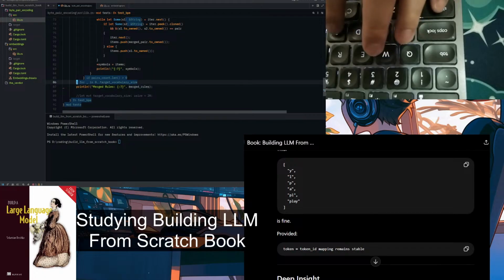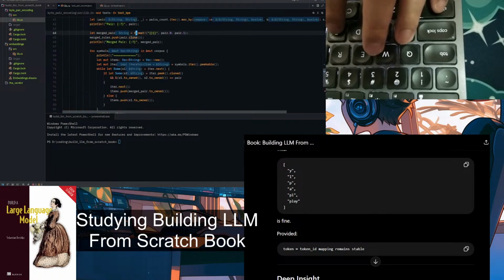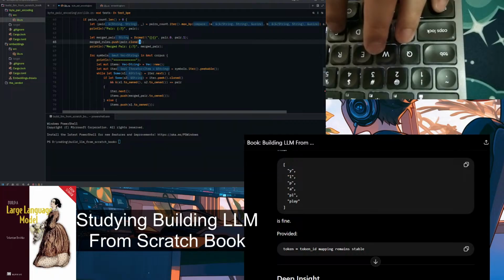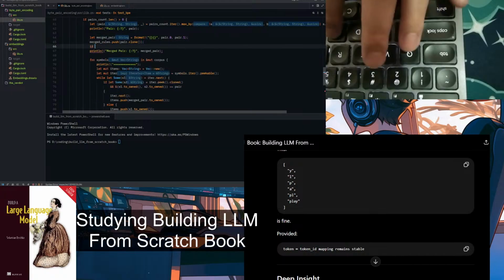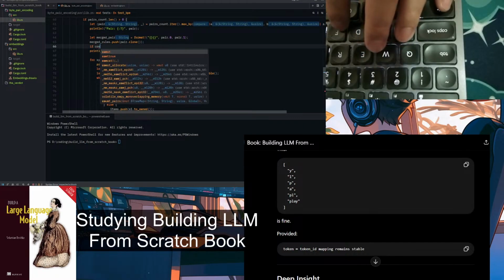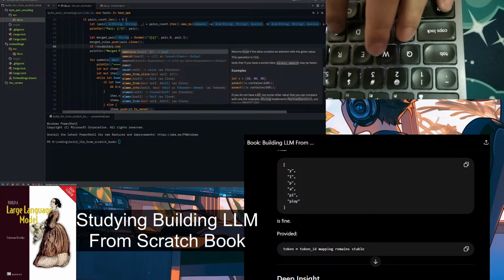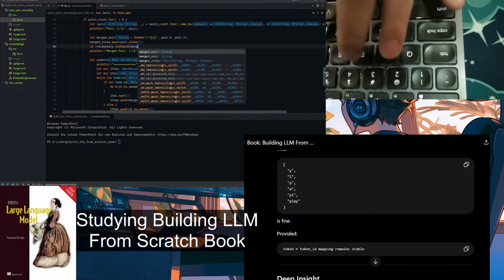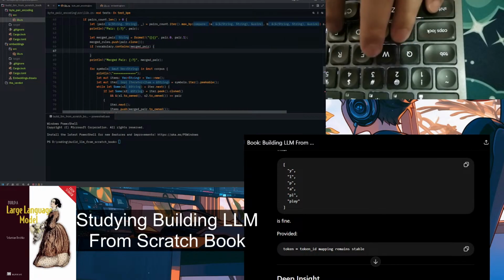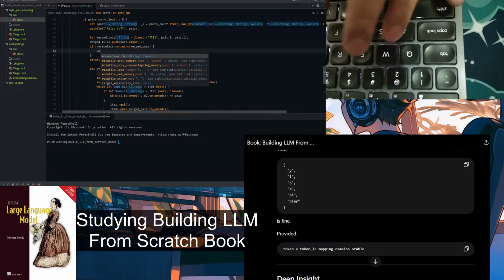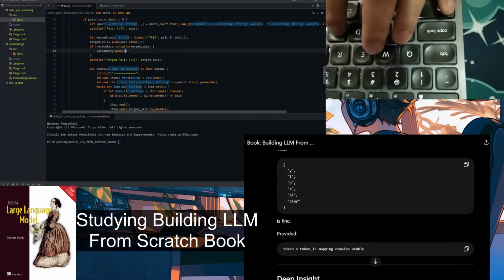So, ang mangyari dito is yung merge pair ko dito. Contains... ito? Merge pair. And then vocabulary that push merge pair.